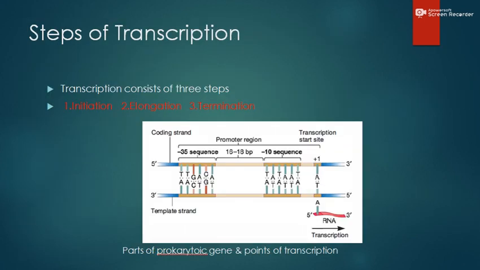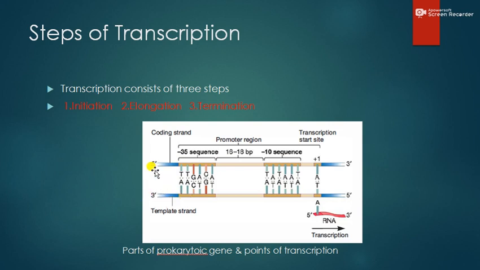Now, what are the steps of transcription? First, you have the initiation, then elongation, as well as the termination. If this is the gene start site, the transcription start site, ahead of that you have the promoter sequence, the -10 sequence with the TATA box, and the -35 with the TTGACA site. One is a coding strand and the other one is a template strand.